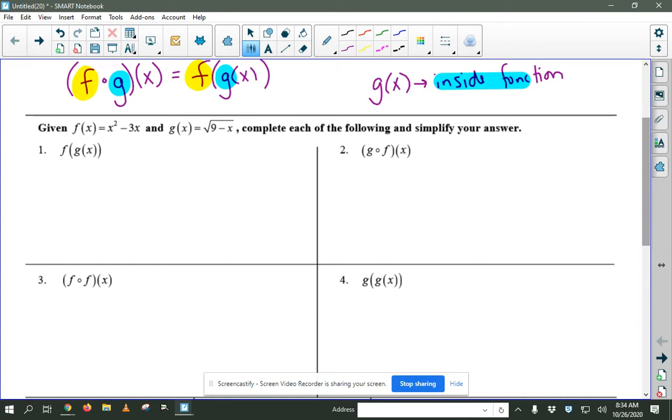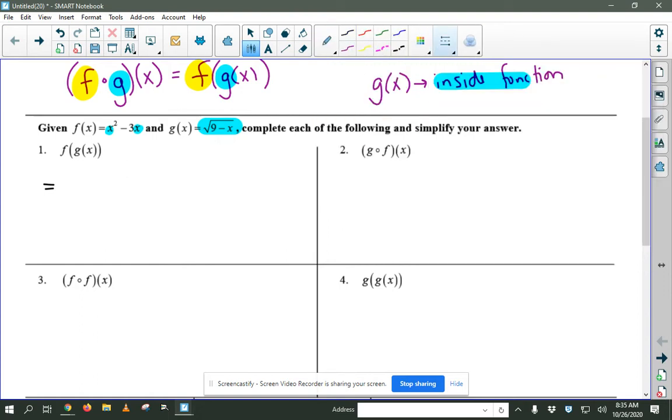So I have f of g of x. That tells me that I need to put the g function into the f function. So here's my g function. What that means is that I'm going to put that square root of 9 minus x in place of the x's for my f function.